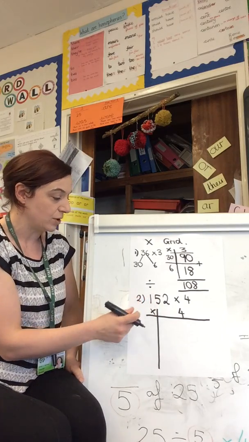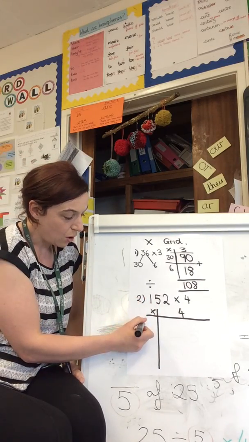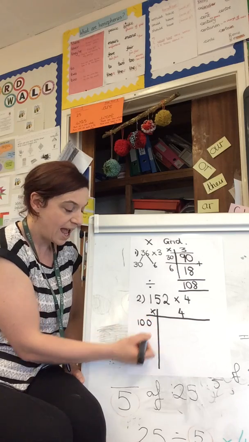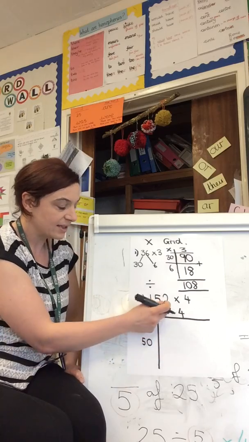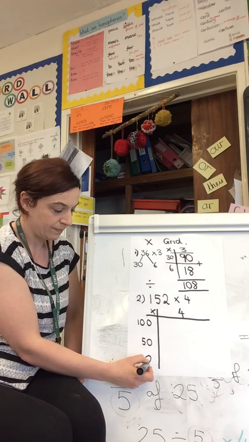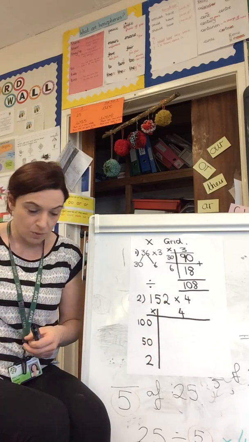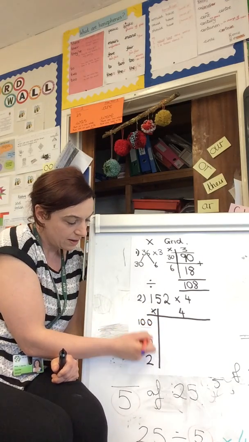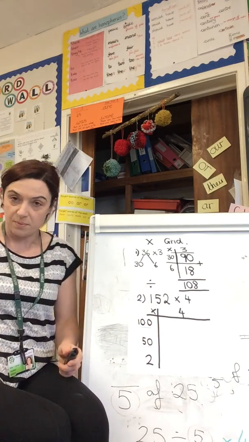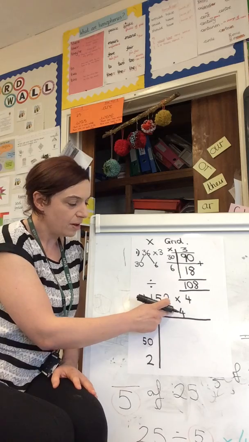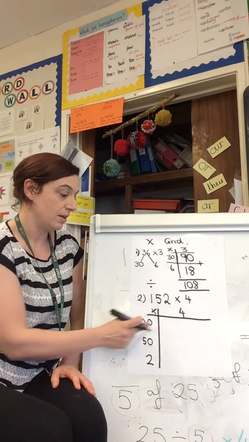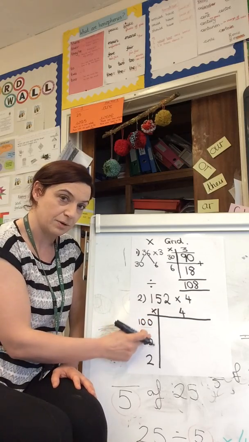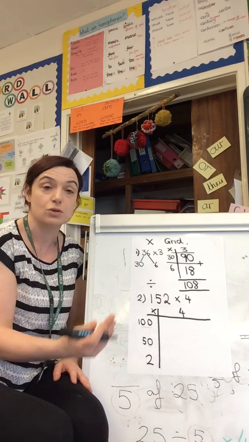Now here it's a little bit trickier because I've got 100 and I've got 50 and I've got 2. And we've got to be a little bit more aware of how many zeros we've got when we're multiplying, although this one's quite simple. So we've got 4 times 100. Now I could do 4 times 1 and put my zeros back on, but I don't really need to because it's just 100.